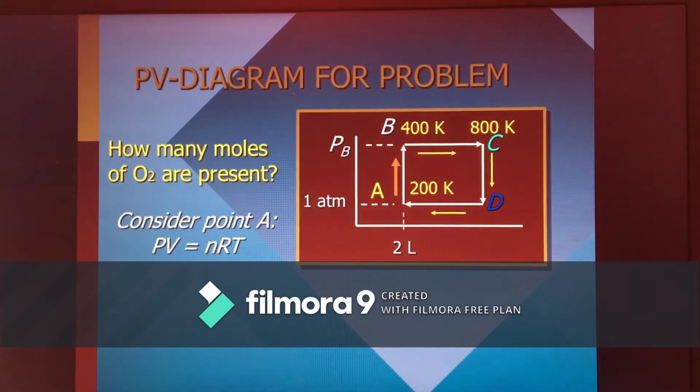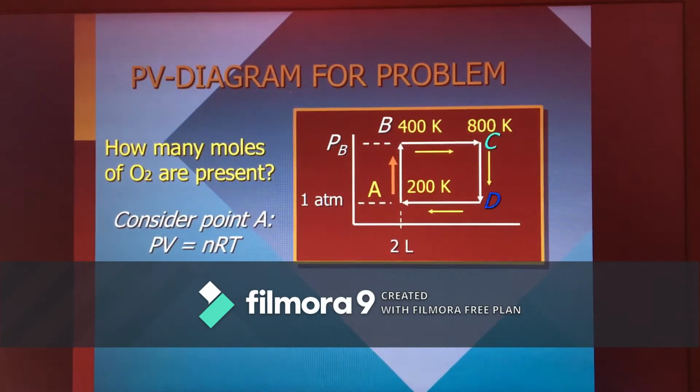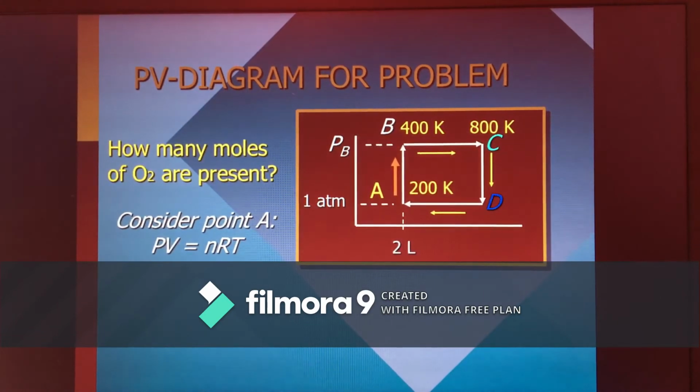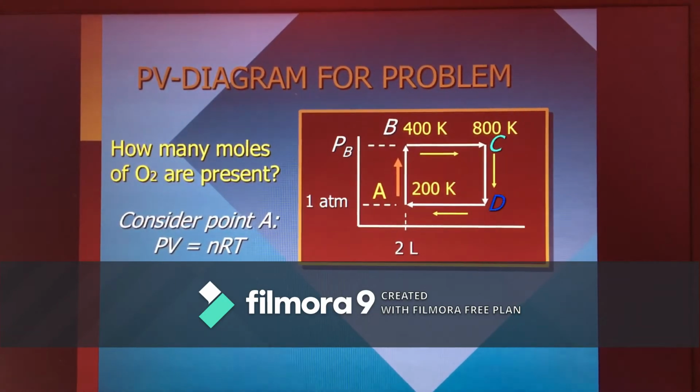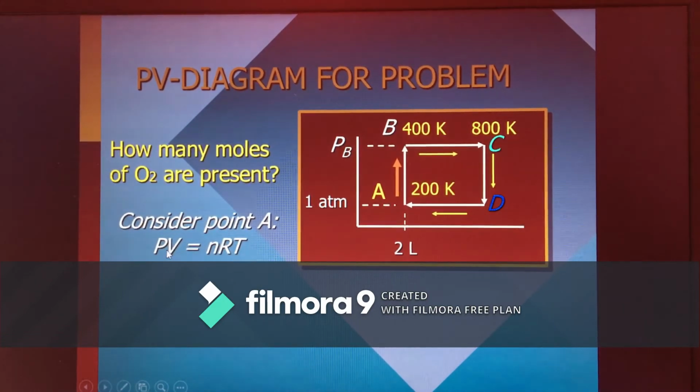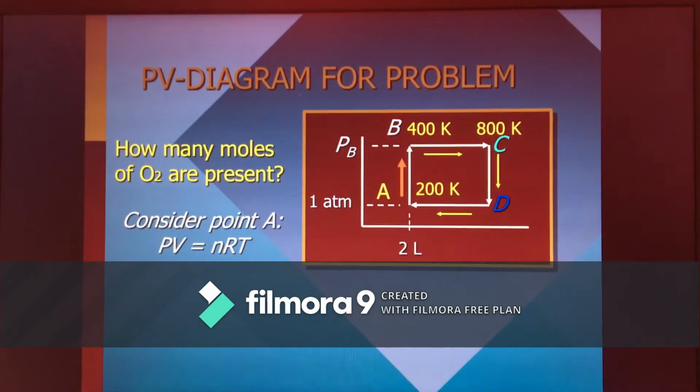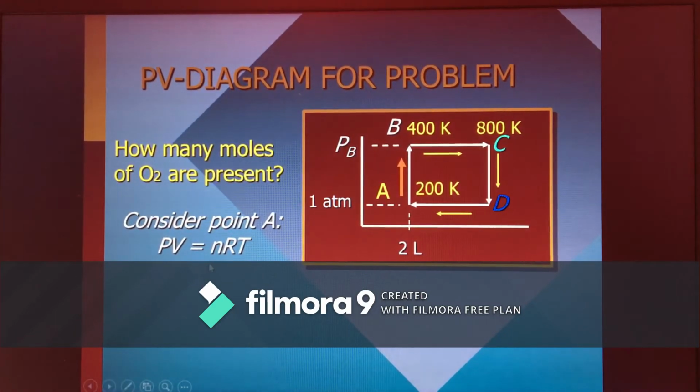From our formula, we have the product of the pressure and the volume, P times V, equals the product of the number of moles n times R times T. Since you are asked to determine the number of moles of oxygen, from this formula we can calculate n, right?